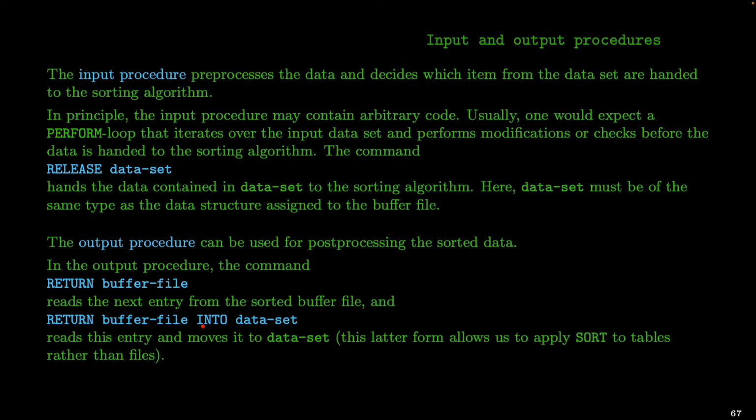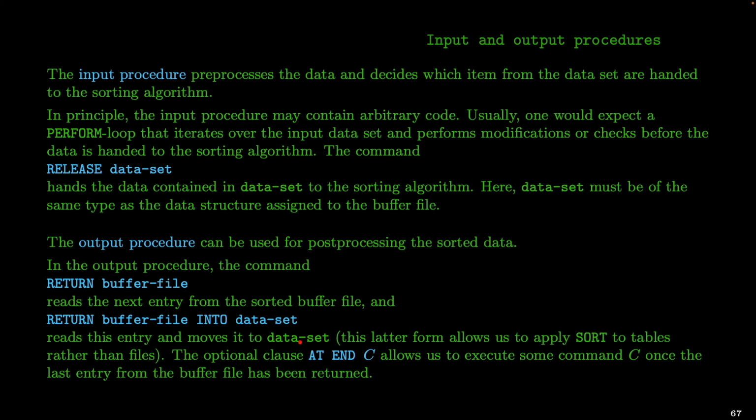And this return into instruction actually allows us to apply sort to tables rather than files by simply returning the sorted data into a table. Then there's an optional clause at end C within the return instruction that allows us to execute some command C once the last entry from the buffer file has been returned.